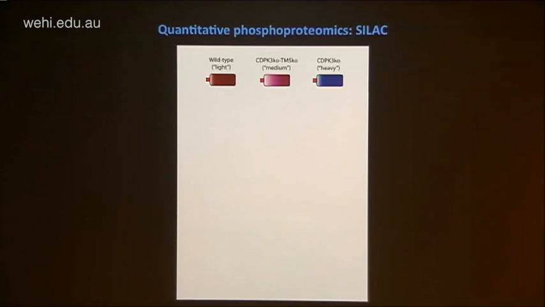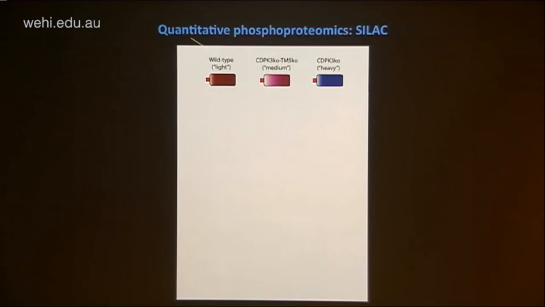So here, just to give you a quick rundown of the strategy, you'll have 3 cultures growing independently. You might have your wild-type population, which has normal egress, a CDPK3, TM5 double knockout population, which has restoration of egress, and a CDPK3 knockout population, which is still defective in egress.